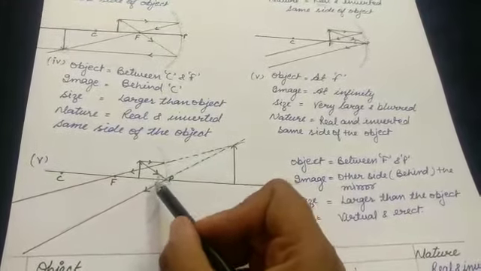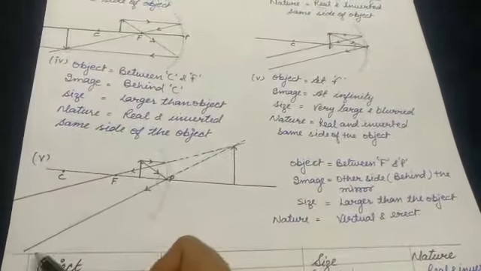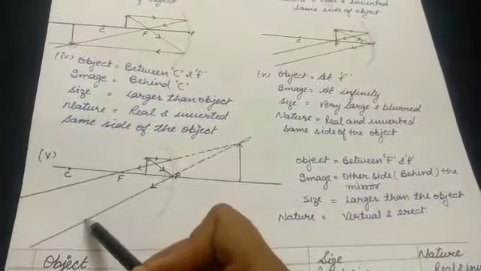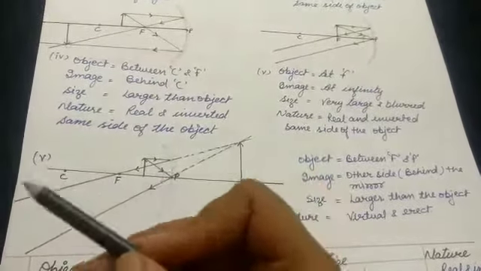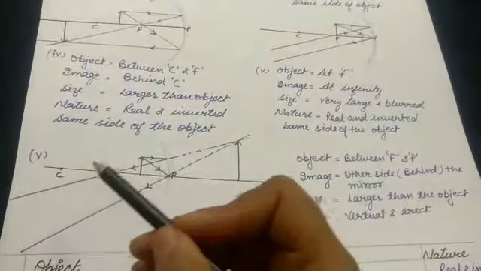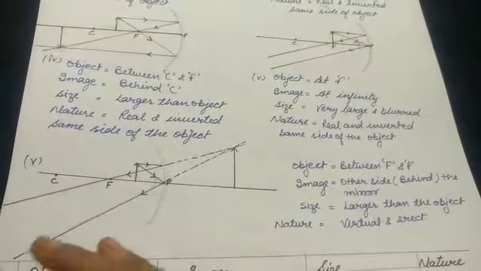Okay, so in this case you can see that both the light rays after reflection are spreading away. They are moving far from each other. Neither are they parallel nor are they intersecting. So what will happen? In reality, no image is going to form.